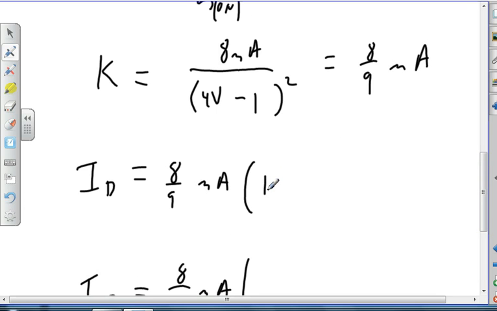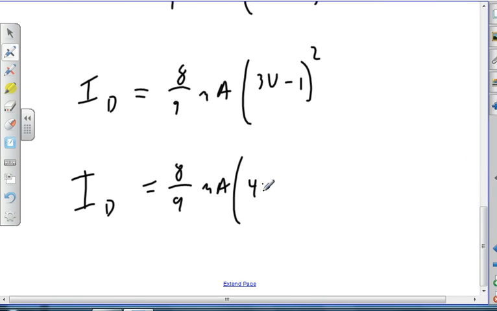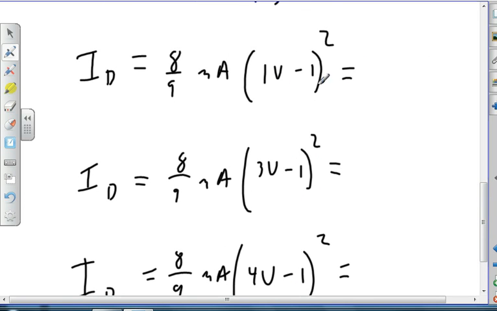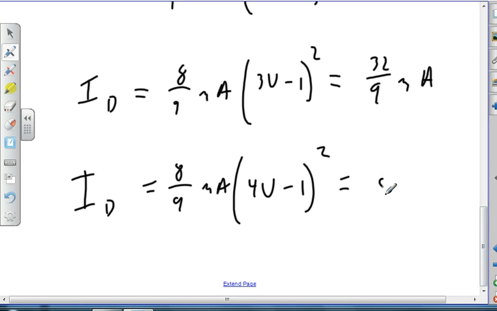So we're supposed to do it at 1 volt minus 1 squared, 3 volts minus 1 squared, and 4 volts minus 1 squared. That looks like 0 milliamps. That looks like 2 squared is 4. 4 times 8 is 32/9 of a milliamp. And this looks like 8 milliamps.